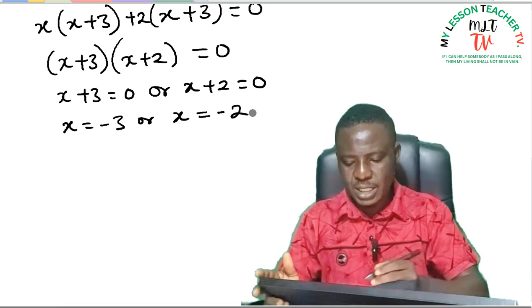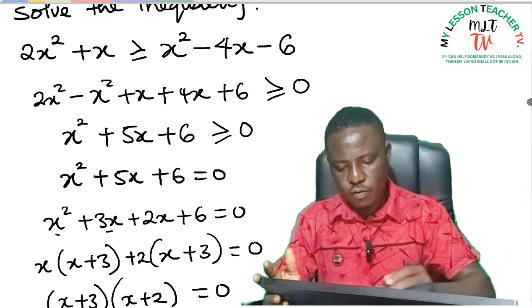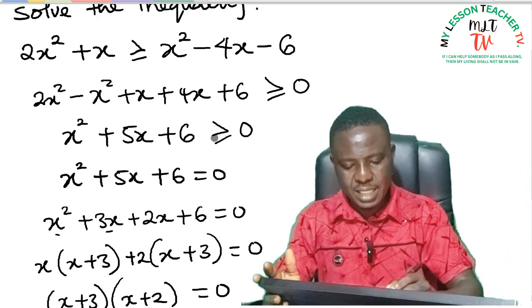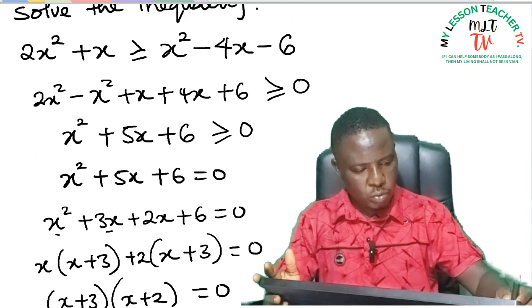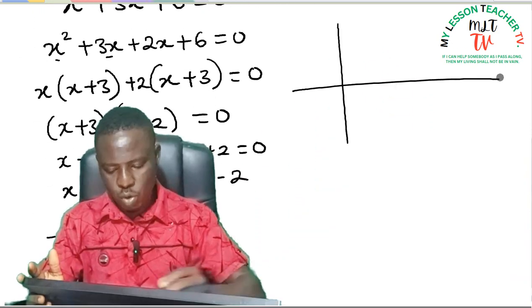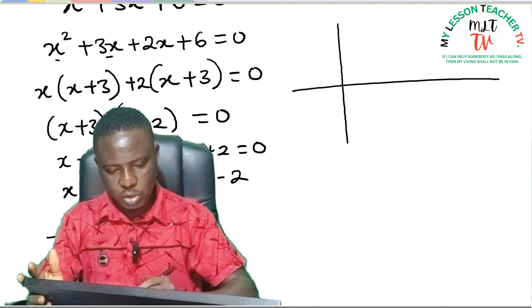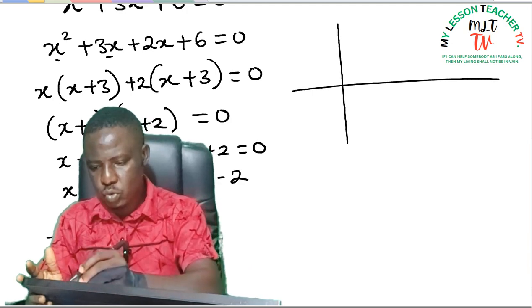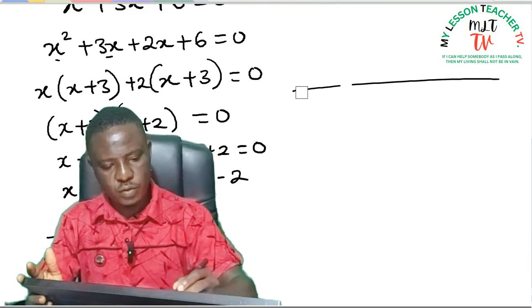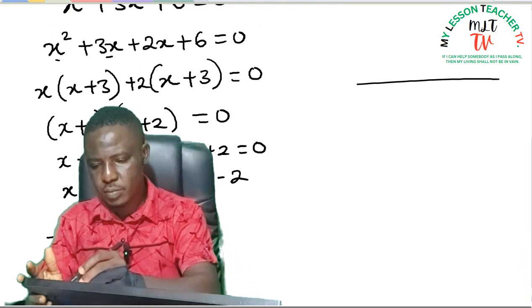So representing this, we are asked to solve that x squared plus 5x plus 6 is greater than or equal to 0. We have gotten the zeros of the inequality at minus 3 and minus 2. So this is going to give us something like this.